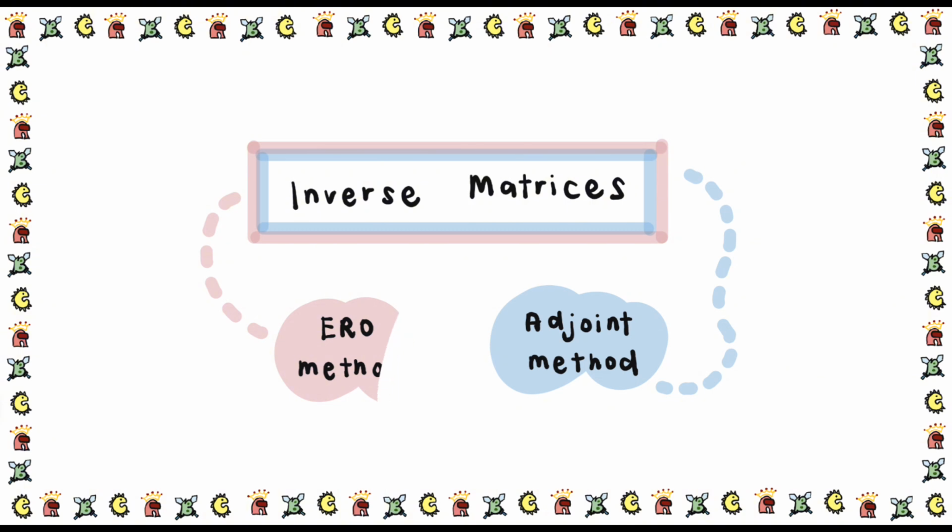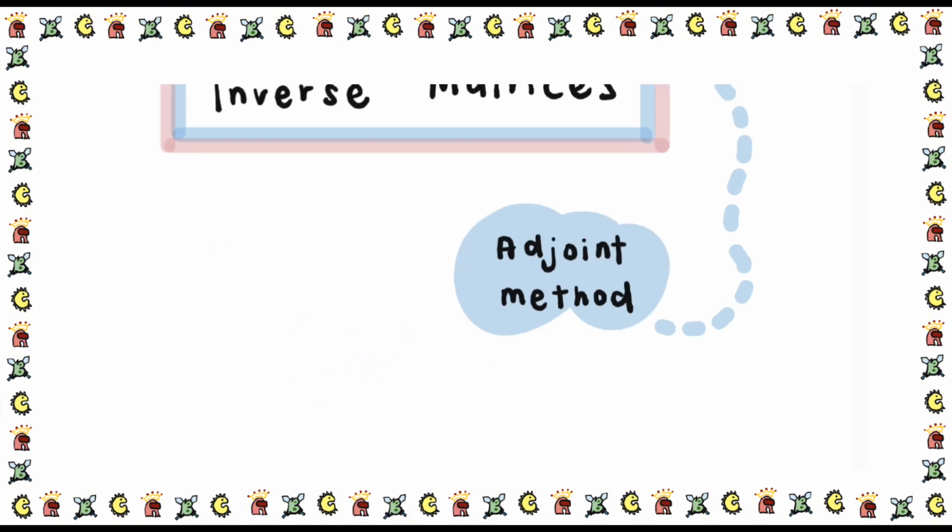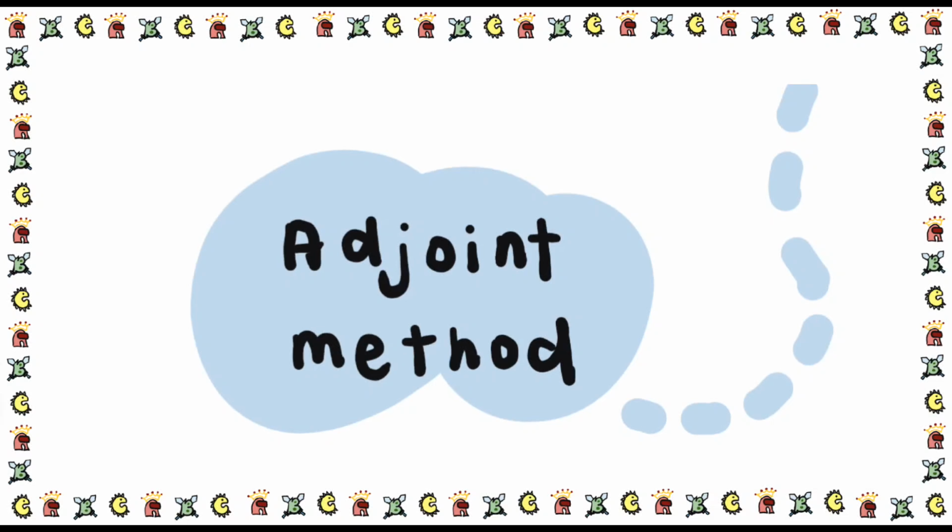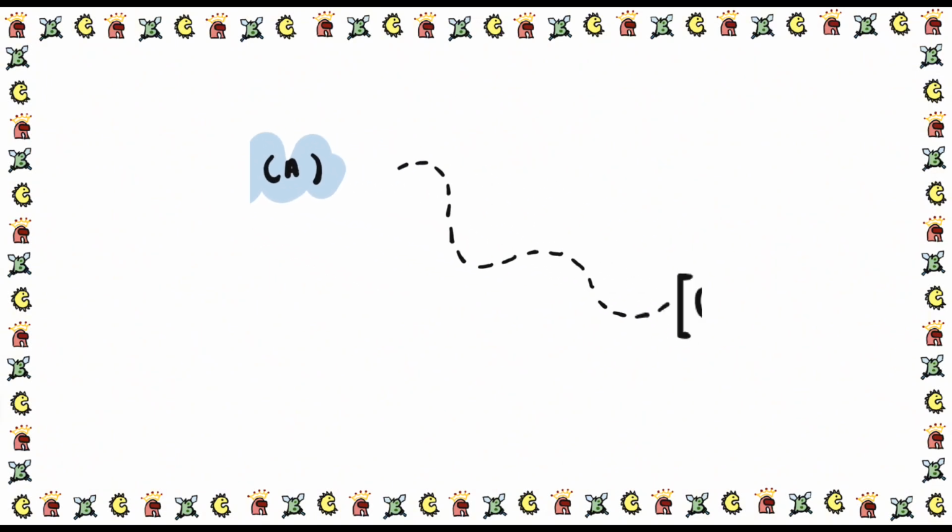Second step would be finding the A inverse by using the adjoint method, which would be our highlight for today. We know that A inverse is equal to 1 over determinant of A times adjoint A. So there are two pieces of information that we need, which are the determinant of matrix A, which we found earlier, and the adjoint matrix A, which is the transpose of the cofactor matrix.